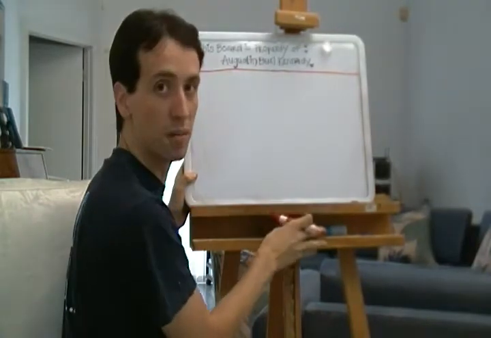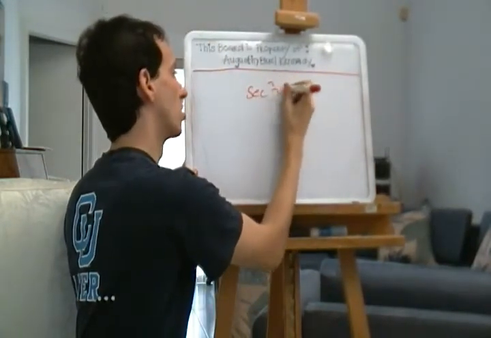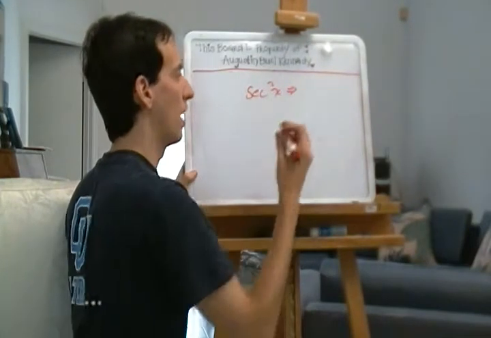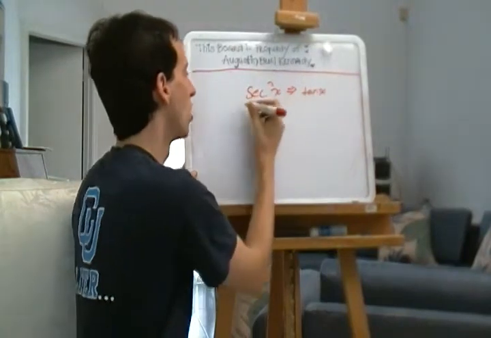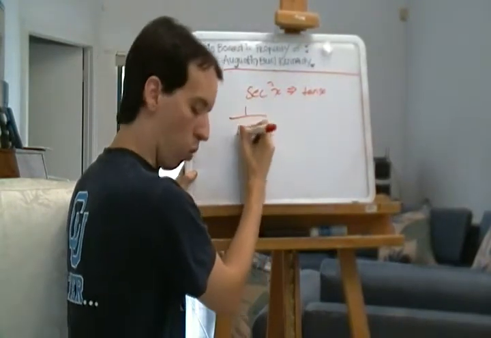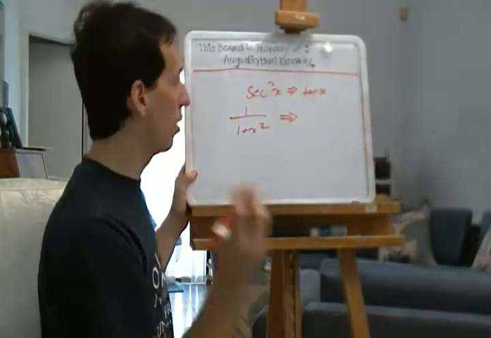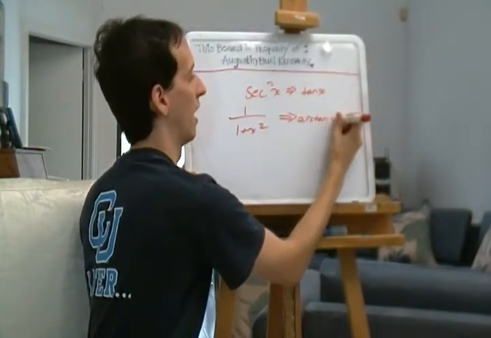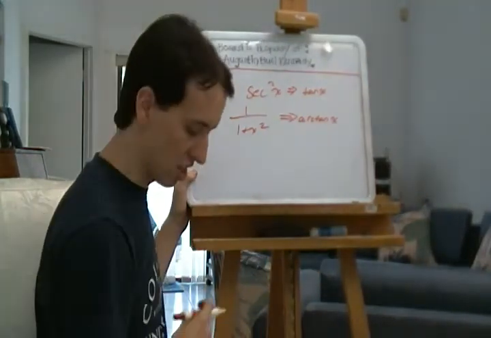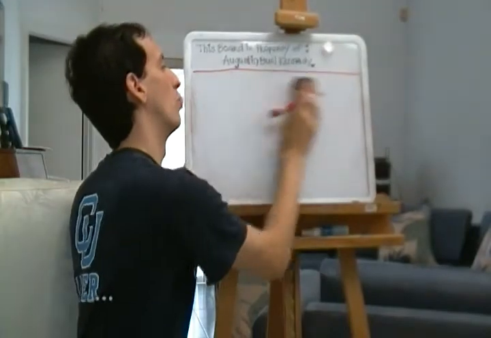We'll look at a lot more trigonometric functions. We've got secant squared x, the derivative. If that's the derivative, what's the original function? That's tangent of x. We've got 1 over 1 plus x squared. We might remember that as the arctan of x. That's the derivative of the inverse tangent. So those are some basic antiderivatives.